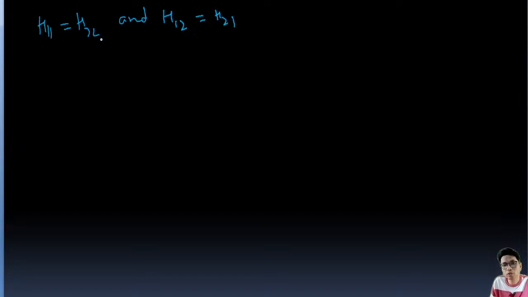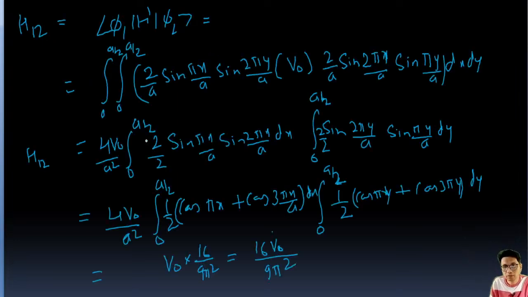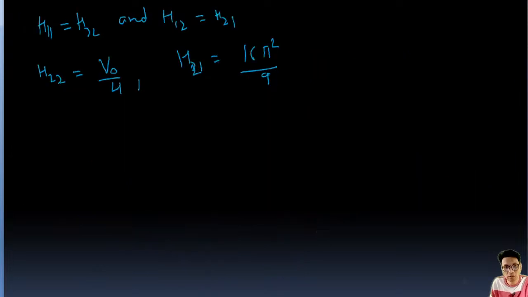So we don't need to find the values of H22 and H21 again. Now from here we can easily find H22 is equal to H11, and the H11 value we know, V0 upon 4. Similarly, H21 is going to be H12, and that value we know, that is 16 V0 upon 9 pi square.